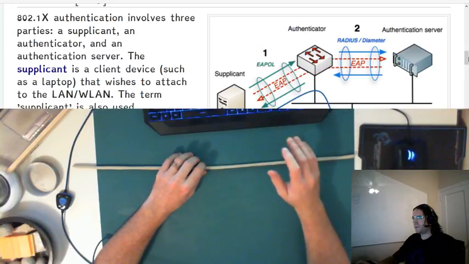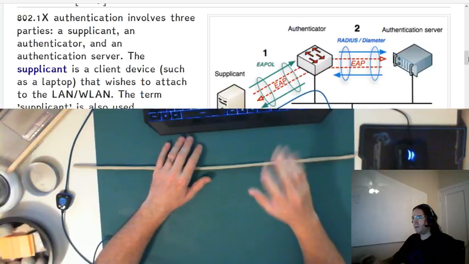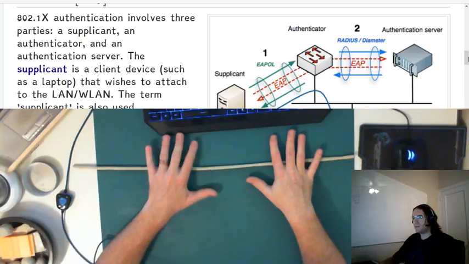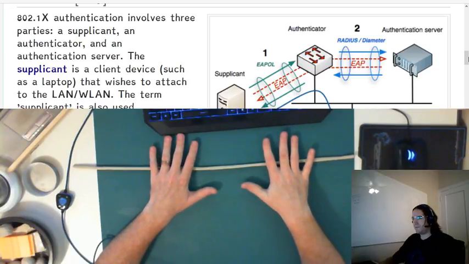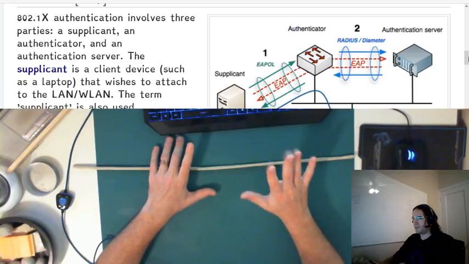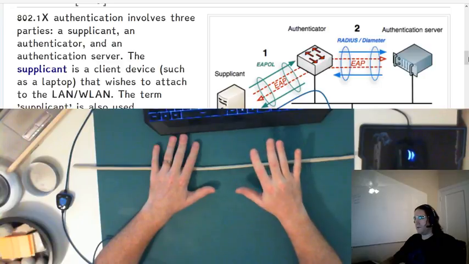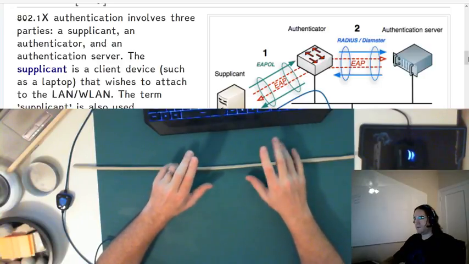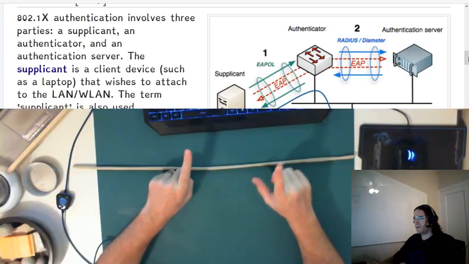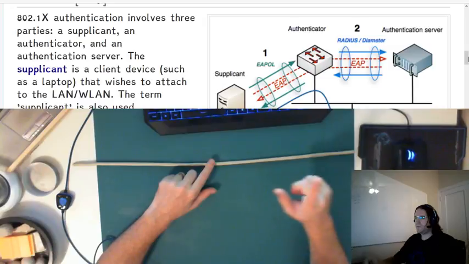802.1x authentication involves three parties: a supplicant, an authenticator, and the authentication server. The supplicant is a client device such as a laptop that wishes to attach to a LAN or WLAN. The term supplicant is also used interchangeably to refer to the software running on the client that provides the credentials to the authenticator.